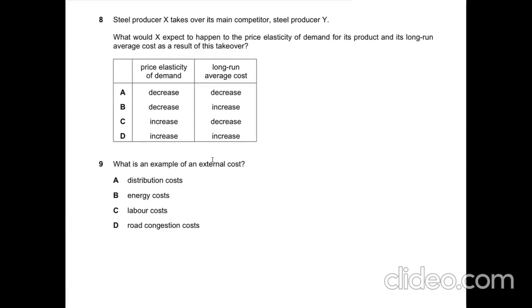Obviously, to the consumers, they have less substitutes available, so they have to be more loyal to the company X. So the PED will decrease. And the firm has occupied bigger production capacity due to the takeover. So its long-run average cost curve will decrease, as we know from the concept of dynamic efficiency and the theory of economies of scale. That's why the answer is A.